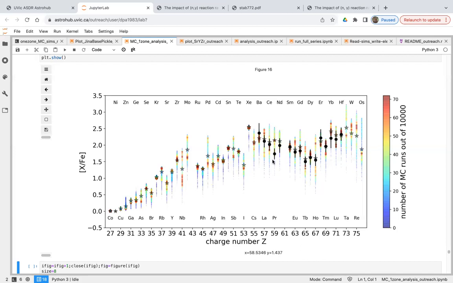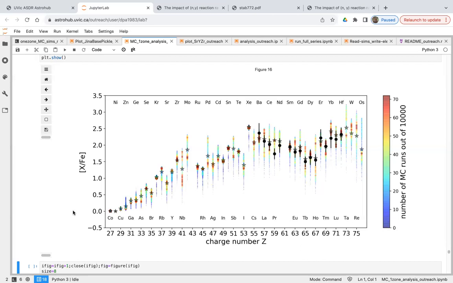Then the colored circles show us the predicted uncertainties, the spread of predicted abundances from Monte Carlo simulations caused by random variations of multiplication factors for unstable isotopes, because they are not known well.